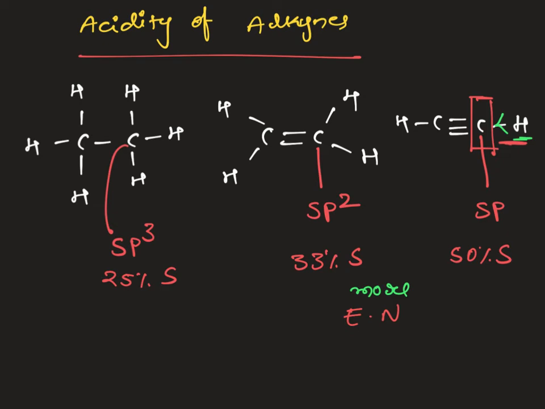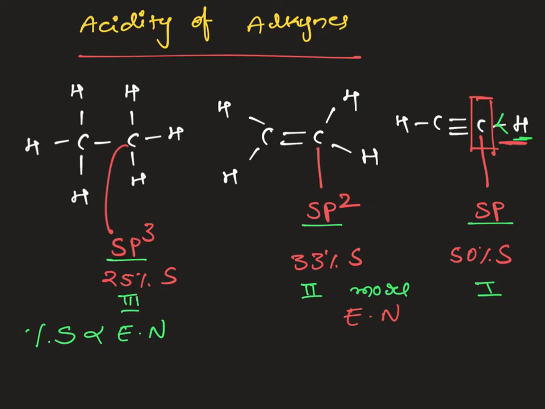In the lower classes you must have studied that as the percentage of s character increases, the electronegativity of the atom increases. If you look at sp3, sp2 and sp hybridization, where the s character is more, this is the first, this is the second case with 33%, and this is the third case.